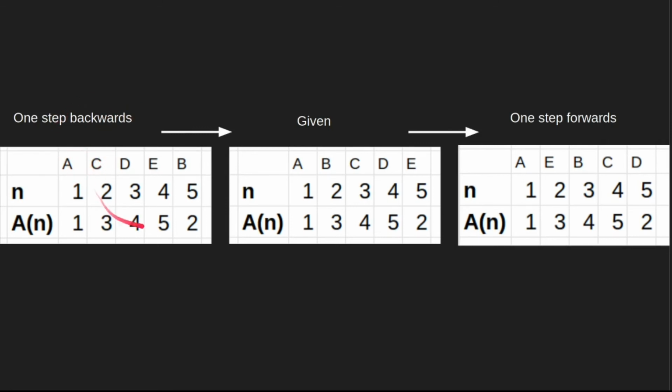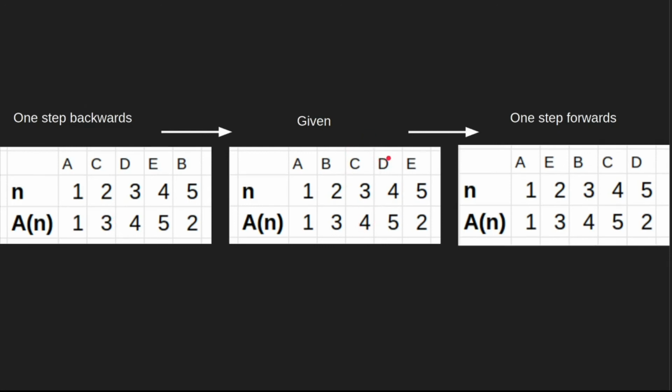Meaning, if we're currently at the previous iteration and we want to see where we're going next, cow C, which is under position 2, will go to the position of a of 2, or 3. Which means in the next iteration, cow C will be under slot number 3. Let's do it one more time.